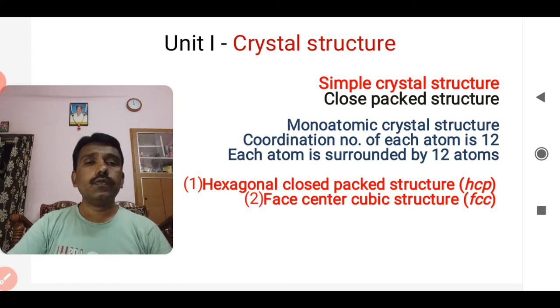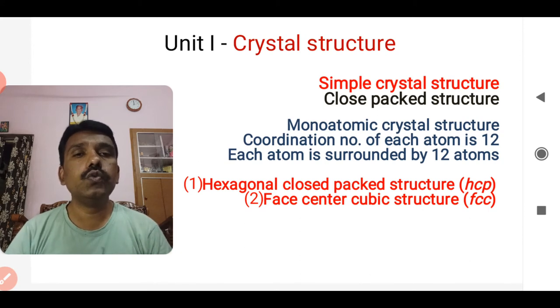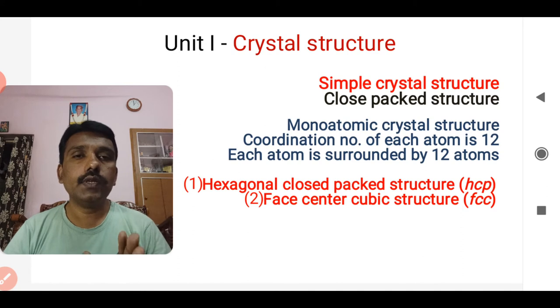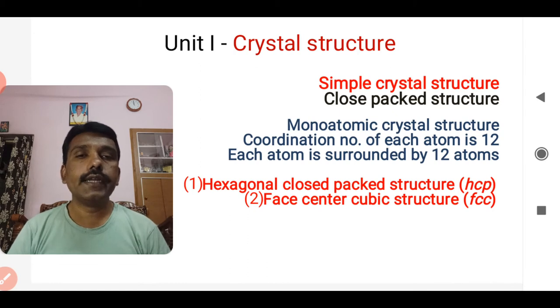As far as simple crystal structures are concerned, they are basically divided into two parts. One is the close packed structure and the other is the loose packed structure. In a close packed structure, one unit cell contains 12 atoms or more than 12 atoms.